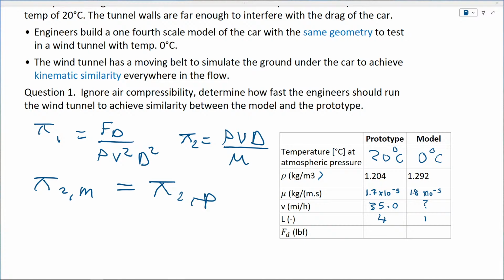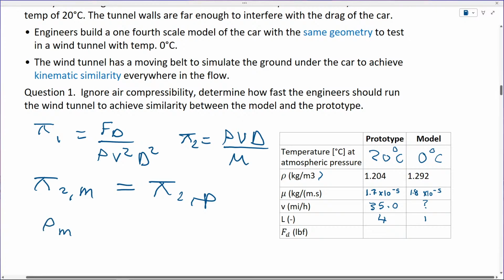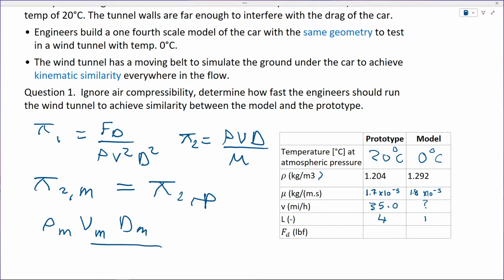So it is that simple. Pi 2 of the model is equal to pi 2 of the prototype. So if you just want to write it down, rho model v model d model over mu model is equal to rho prototype v prototype d prototype over mu prototype.